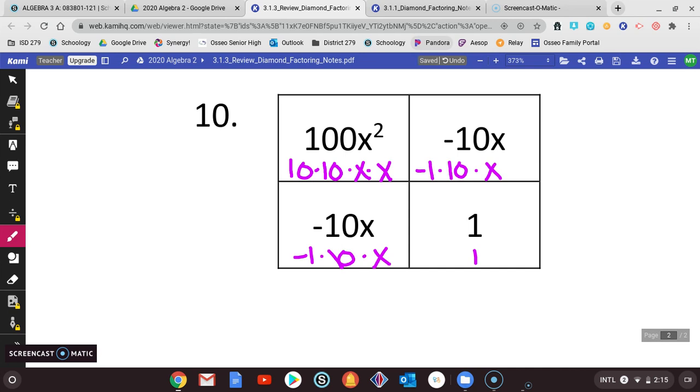So now let's go across first. So I see a 10 and I see an x. So this is just 10x. Now I'll go across again and all I see is a 1. It's not negative, so they both don't have a negative. They both don't have an x, so that's it. Now up and down, so 10 and x, so this is 10x, and this is 1. So there we go.